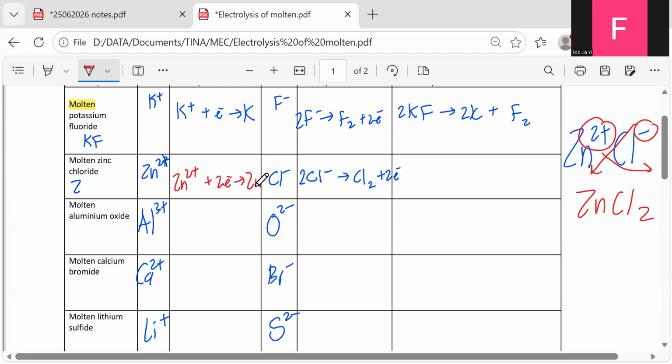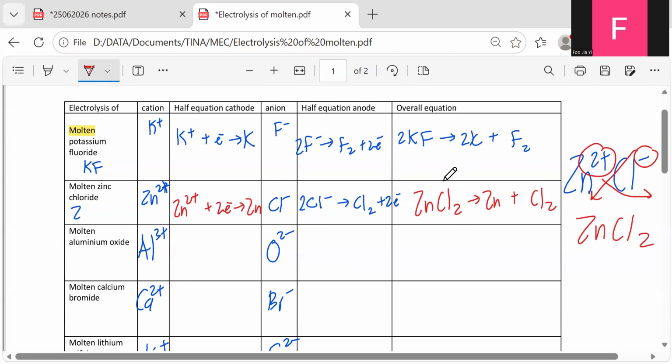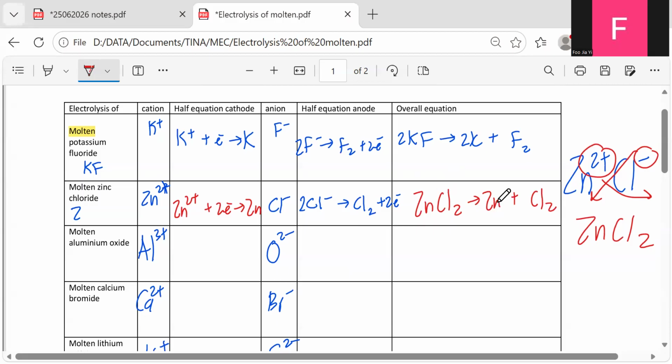Okay, Zn2 plus 2e becomes Zn. So ZnCl2 becomes Zn plus Cl2. Of course, this is an ionic equation, and this is a chemical equation. Only the ions are in the ionic equation.